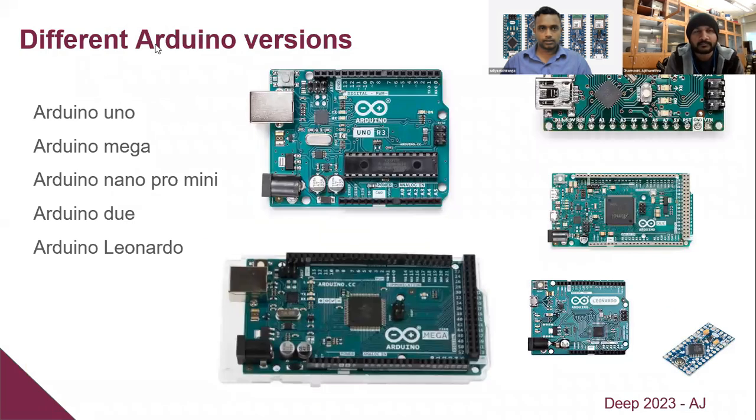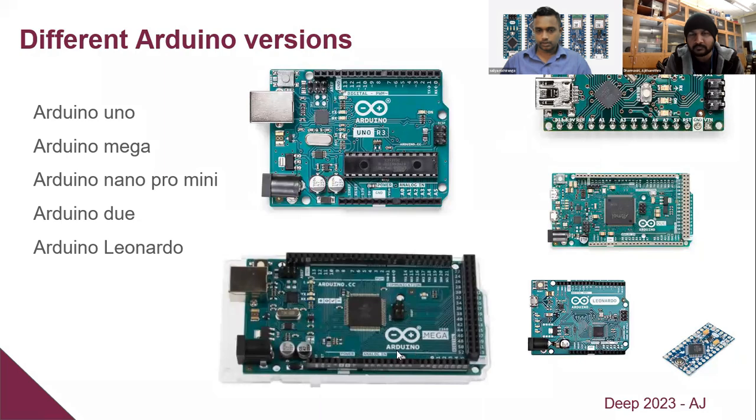Almost every one of these boards contains an Atmel processor. This green one, the Atmel processor, is how you can easily identify that these boards are from the original manufacturer.